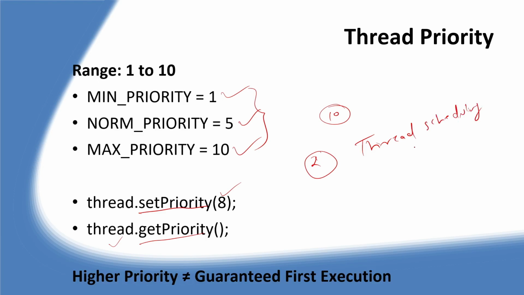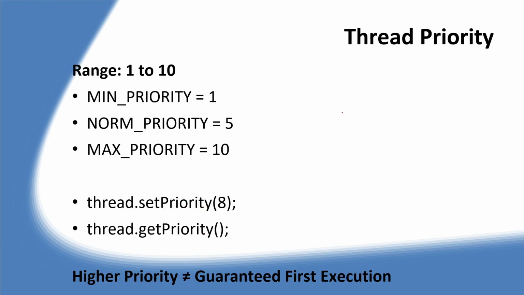Thread scheduling depends on the JVM and the underlying operating system. They decide which thread should get priority. So you can think of priority as a scheduling hint, not a guarantee of execution order.